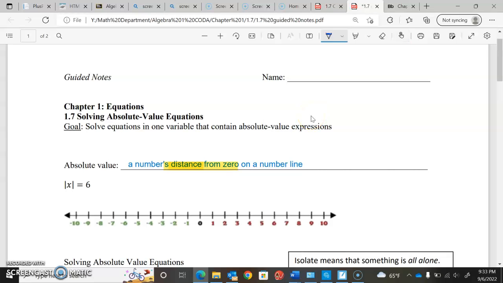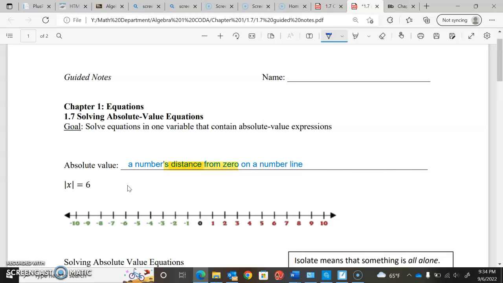So when you look at something like this, this is absolute value of x equals 6. Those vertical bars next to the x, those are absolute value bars. So what this is implying is that the distance from x to 0 on a number line is equal to 6. And there's always going to be two possible cases, right?